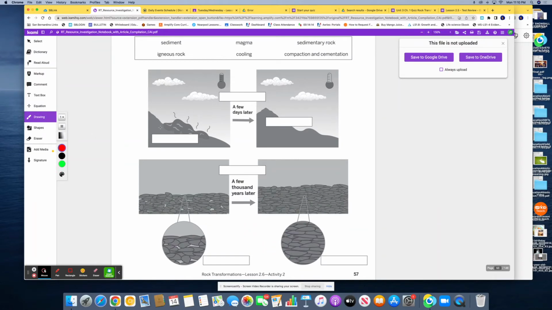This picture right here, I wish it was in color, is magma. And as you can see here, we have a higher temperature, but the temperature is going down. So this is cooling.